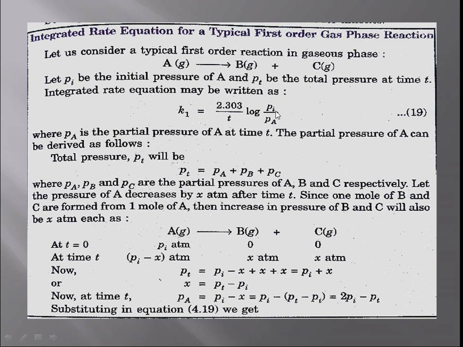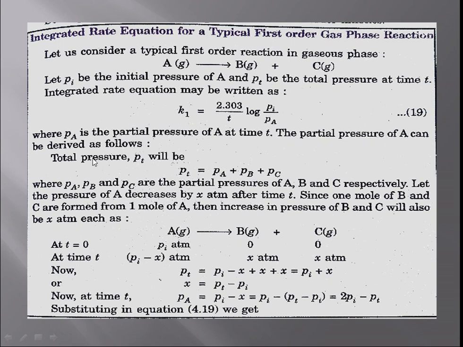Pi replaces the initial concentration and Pa replaces the final concentration. So in place of initial concentration and final concentration, we have introduced initial pressure and final pressure, where Pa is the partial pressure of A at time t.